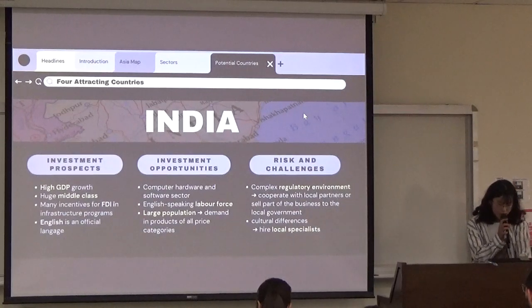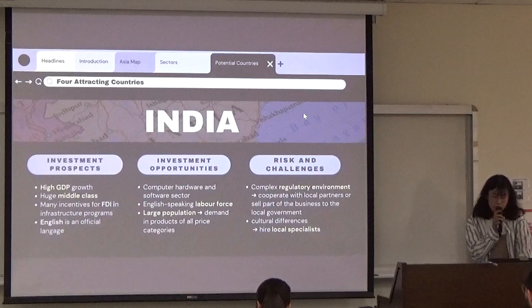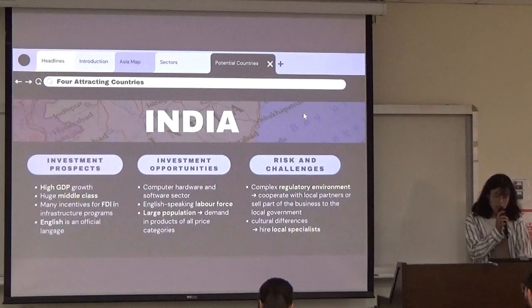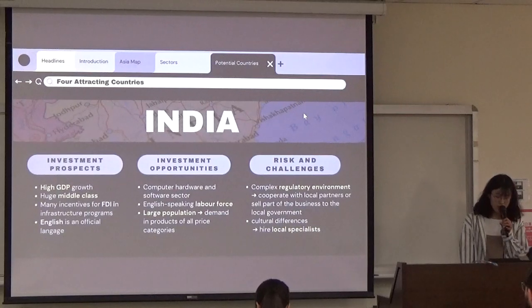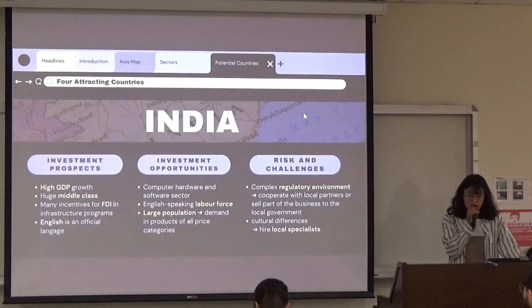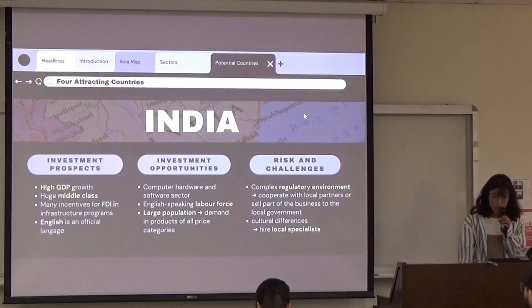The investment prospects of India are high GDP growth, a huge middle class, and many incentives for FDI and infrastructure programs. The investment opportunities are the computer hardware and software sector, an English-speaking labor force, and a large population. These 2 parts will be thoroughly gone through in the later presentation.